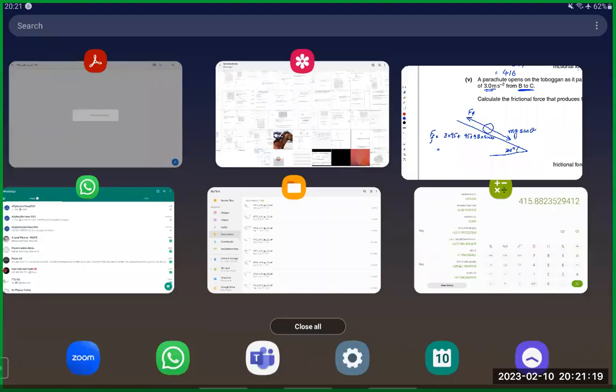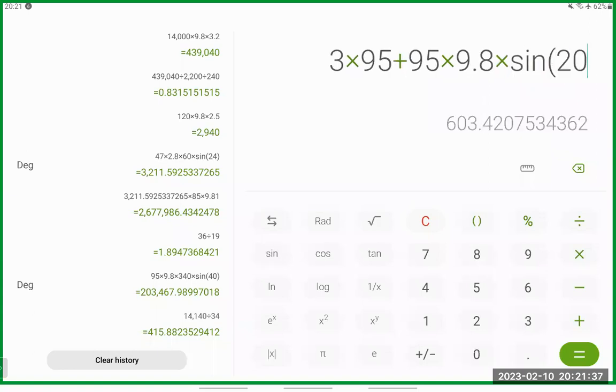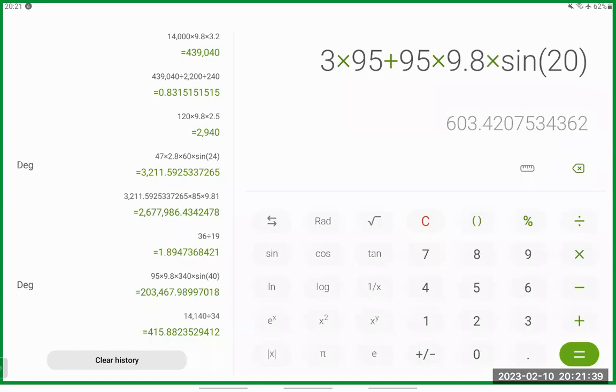Three into 95 plus, which gives about 600 newtons.